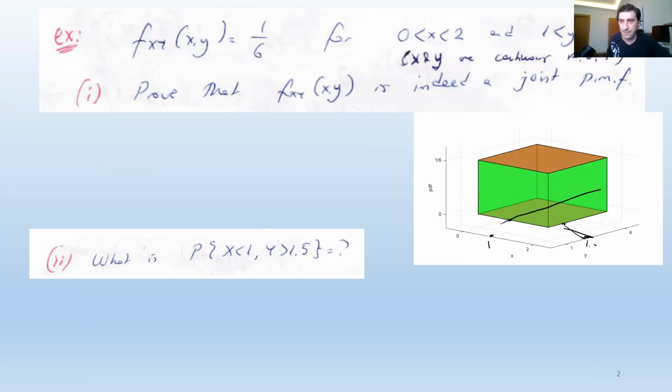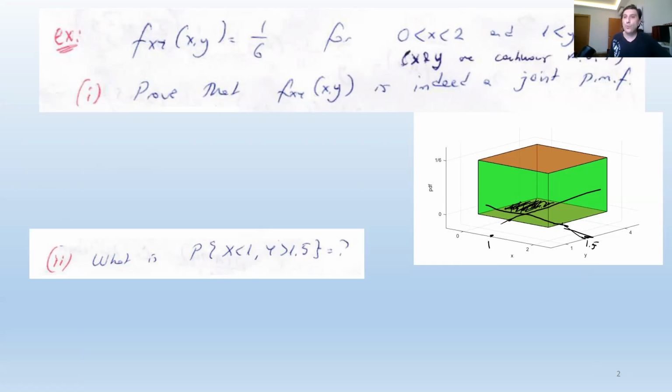Let me do it again. All right, that's as good as it gets. Y greater than 1.5 and X smaller than 1 is, I guess, this region. X smaller than 1 and Y greater than 1.5.